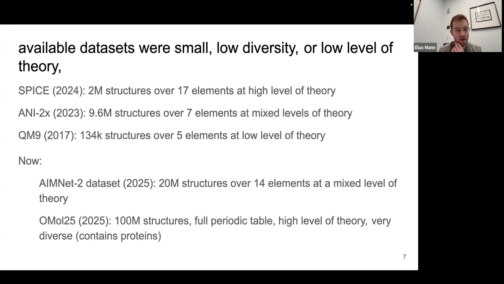They contain DFT. Oftentimes it will be data based on structures that were computed at different levels of theory, often DFT. There are some big data sets of semi-empirical calculations, but it's energies and forces.